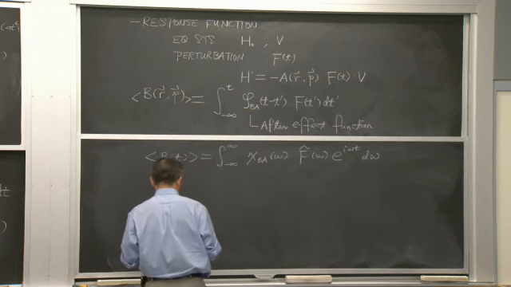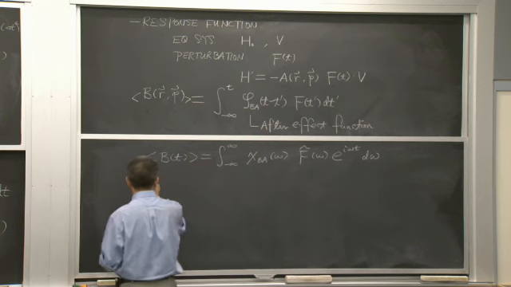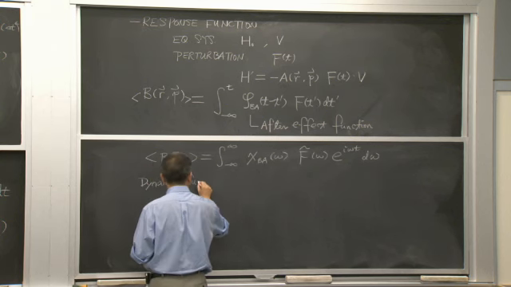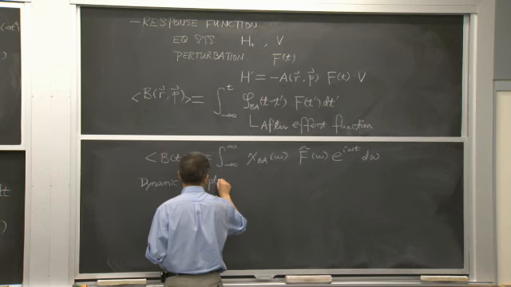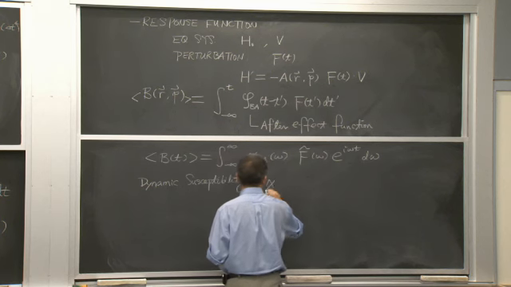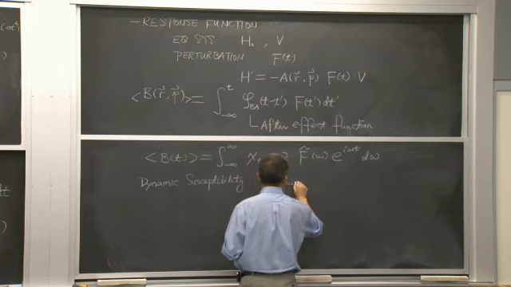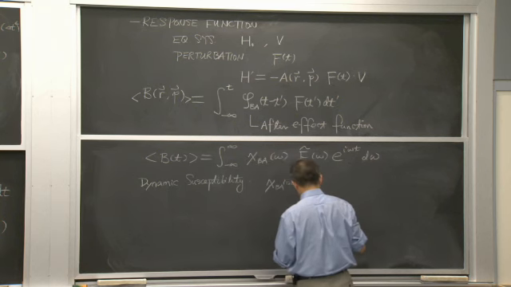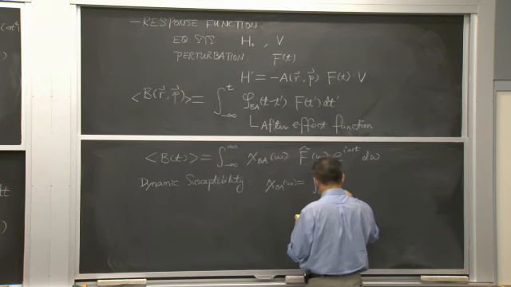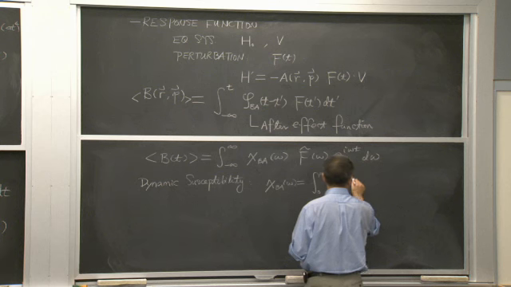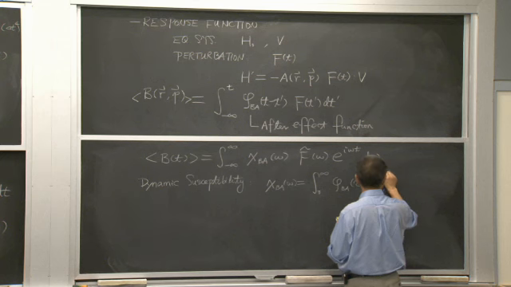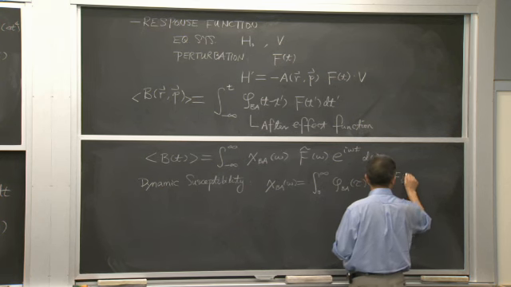In fact, this susceptibility, so here we have the dynamic susceptibility of the system, chi BA of omega, is actually the Fourier transform of phi BA of tau, so it's the integral from 0 to infinity of phi BA tau times exponential minus i omega tau d tau.